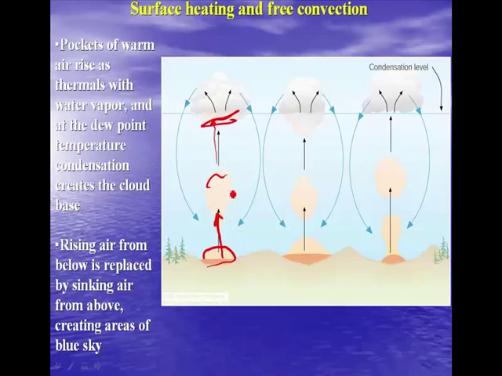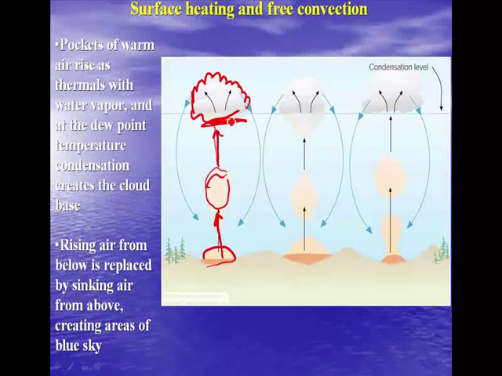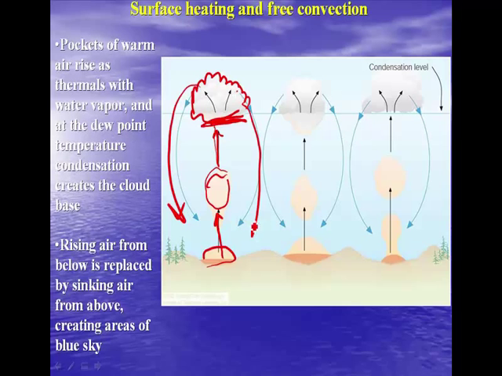So this is a blob of warm air here, and as it begins to move upward, it reaches the saturation vapor pressure curve, and at this point we have condensation and a cloud forming here. Notice also that we have air moving out to replace the rising air, so we have air beginning to move downward, and it begins to warm as it moves downward.